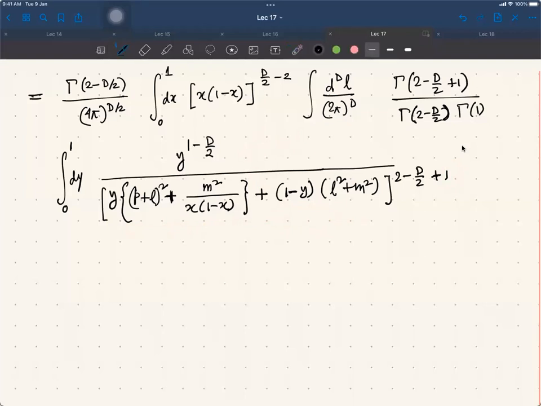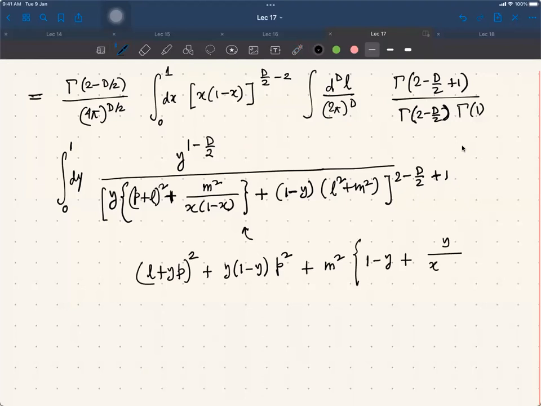I'm not going to do the calculation fully, but what you can show is that this is the same as y L plus y p whole square plus y times 1 minus y times p square plus m square times 1 minus y plus y by 1 minus x.